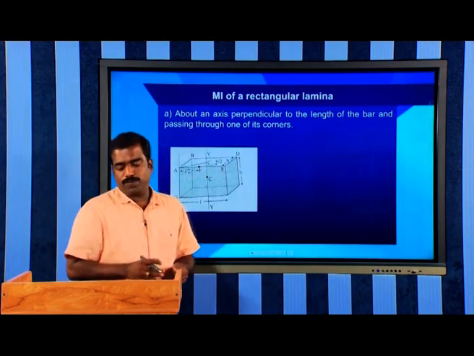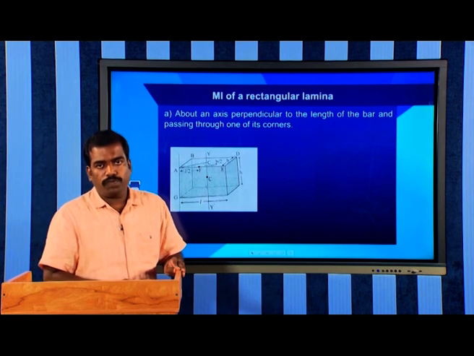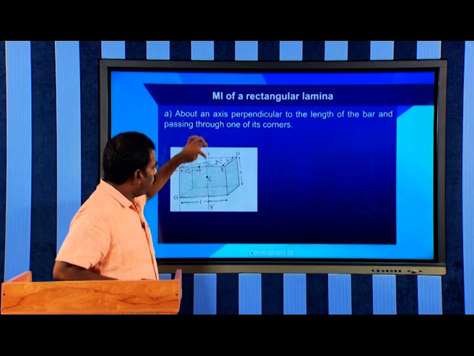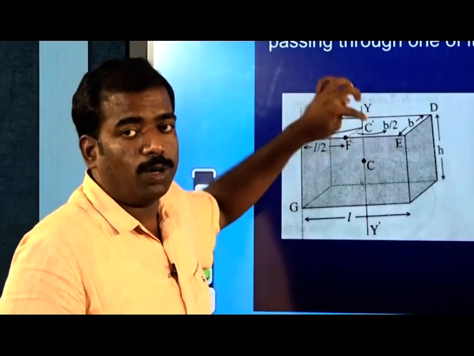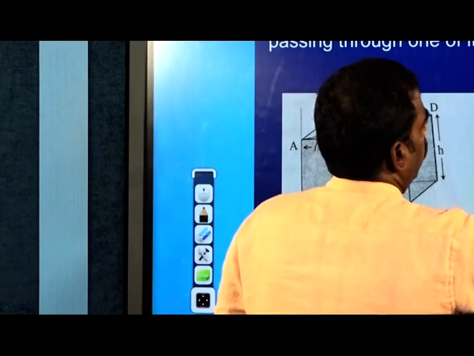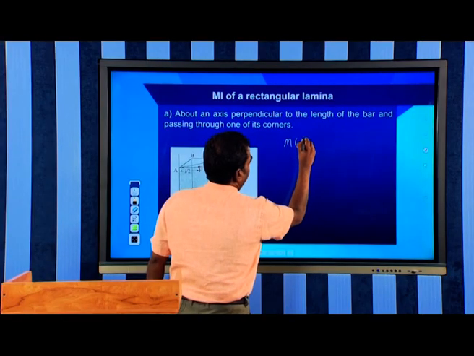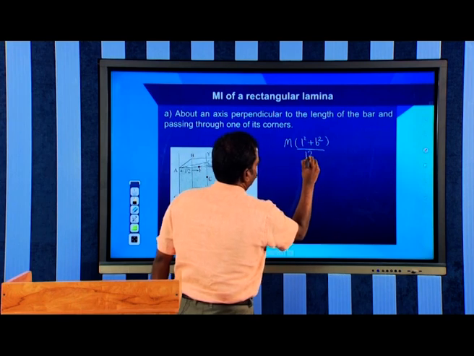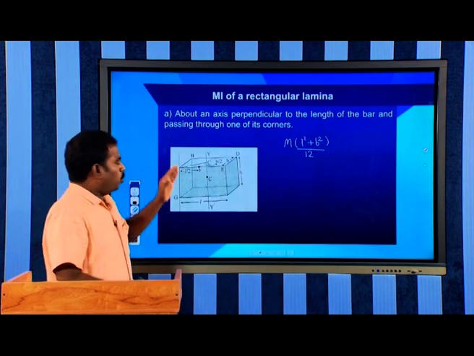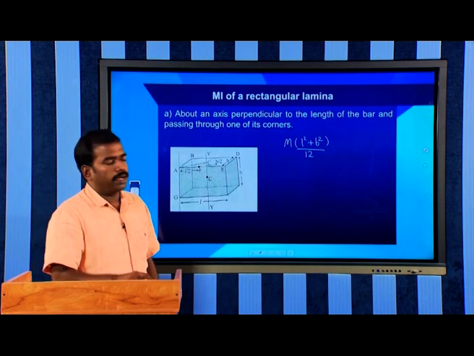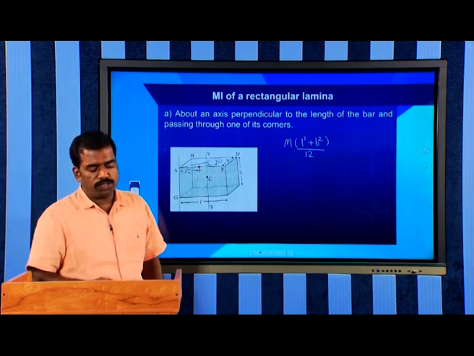In the previous case we learned that the moment of inertia of the rectangular bar about an axis passing through its center of mass and perpendicular to its length, about y dash, is given by m into (L square plus B square) by 12. How can we calculate the moment of inertia about an axis passing through one of its corners?